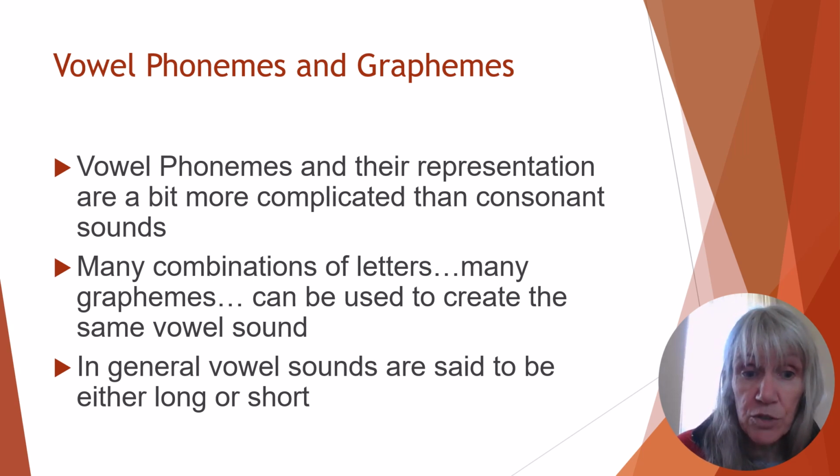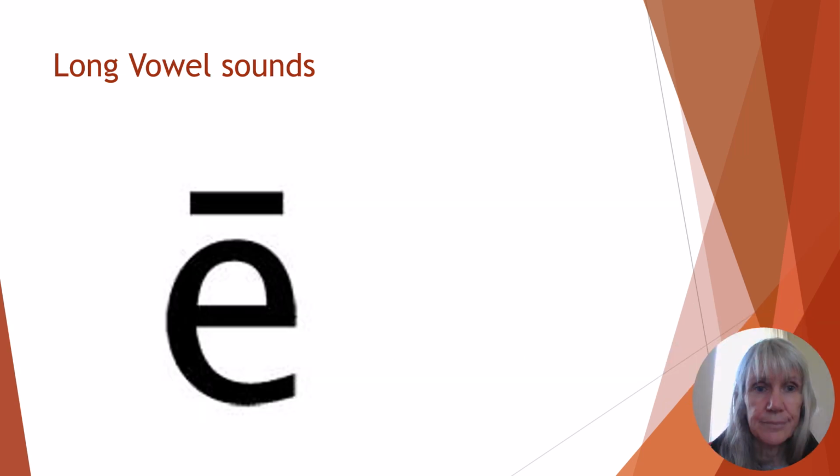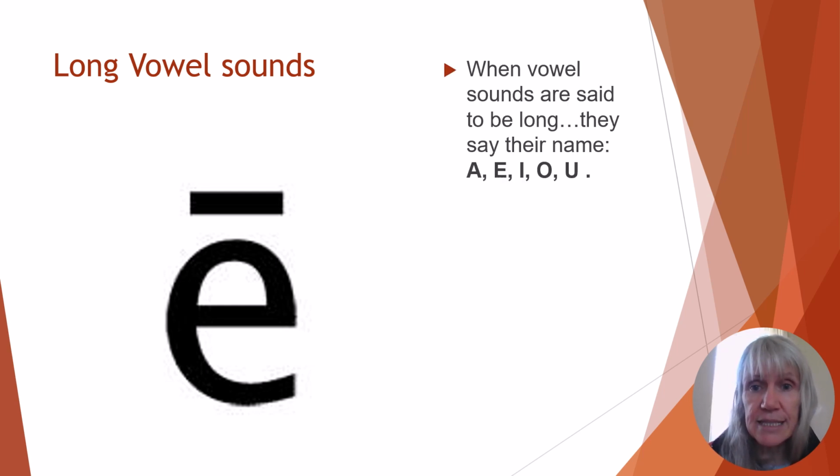So what I want you to remember right now is that a vowel sound can be long or short. What do I mean by long or short vowel sounds? We will learn. A long vowel sound is a vowel sound that basically says its own name. In other words, how I pronounce the letter is how the letter will sound in a word.